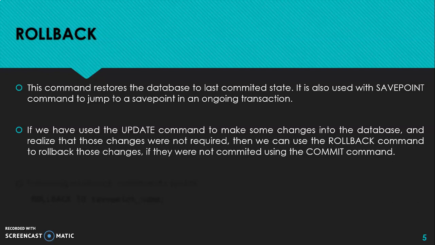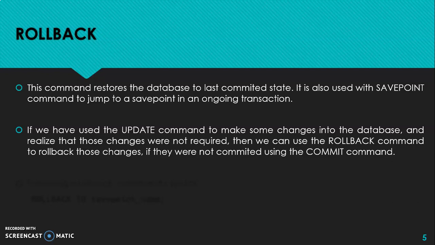If we have used the update command to make some changes in the database and realize that those changes were not required, then we can use the rollback command to bring it back to its original state, if they were not committed using the commit command.